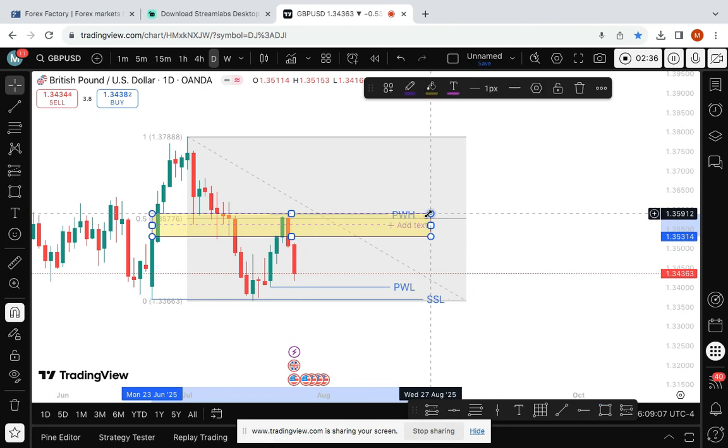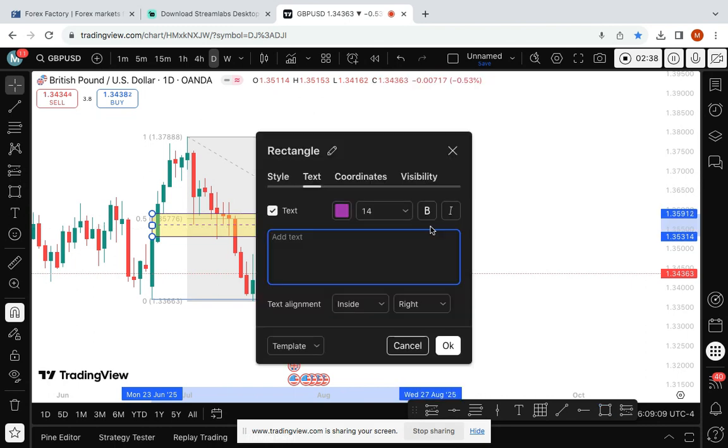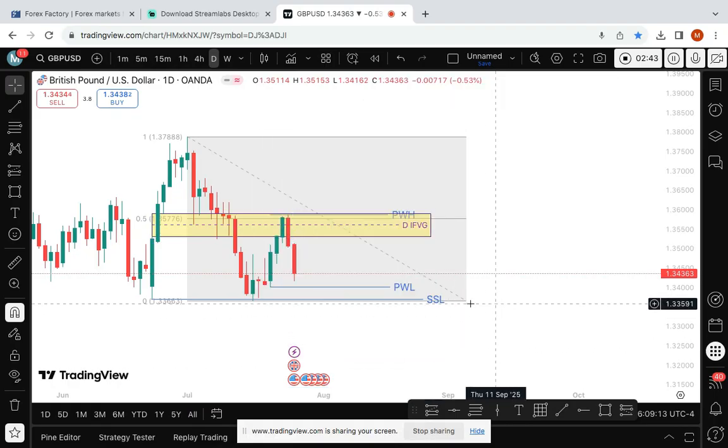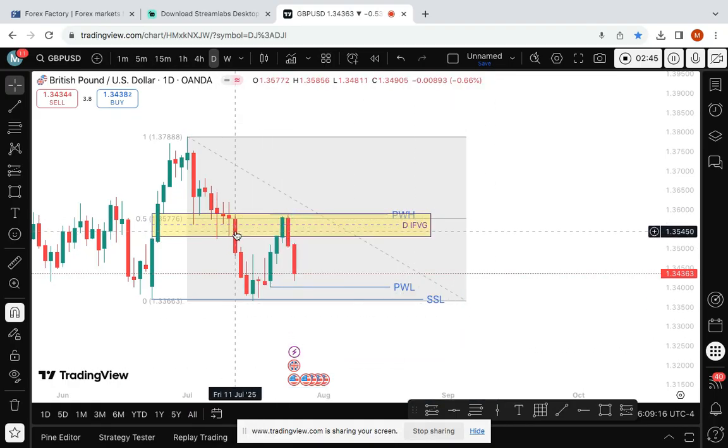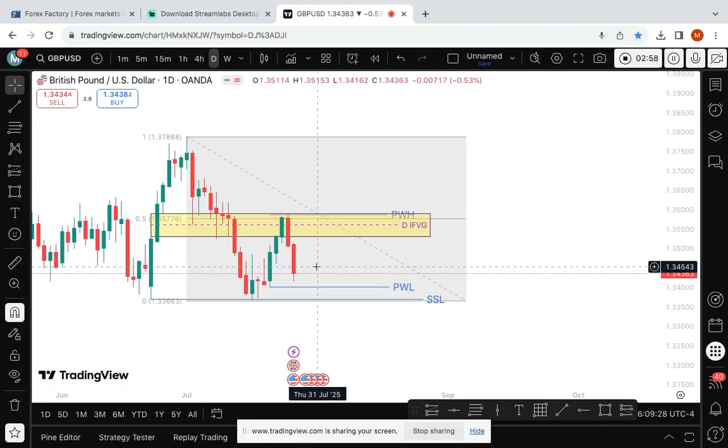You see this one, this is a daily IFVG. This was the previous area of support that price violated once price closed below here. So we expected that once the price comes back to the inverse fair value gap, you're going to have resistance, and that is what is currently happening.